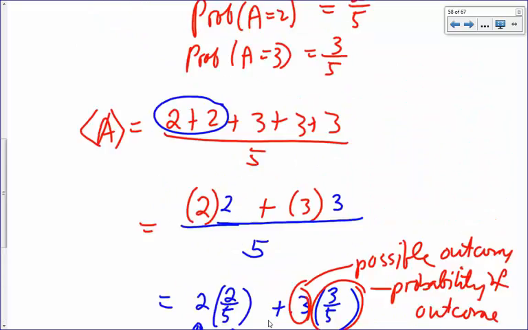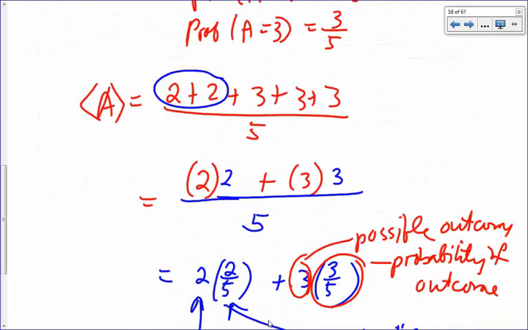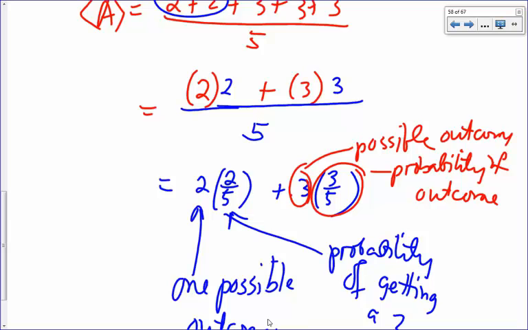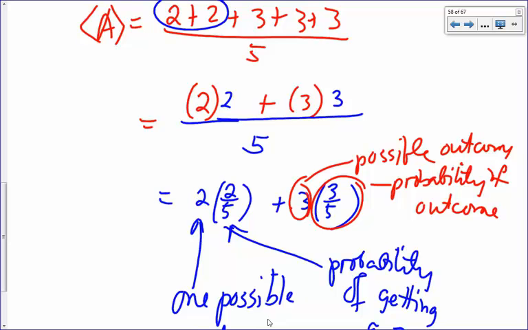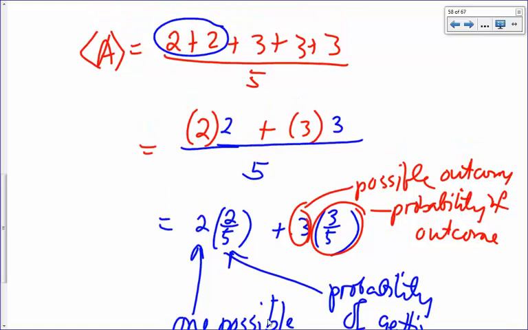So, question? What's not equal? Which one?